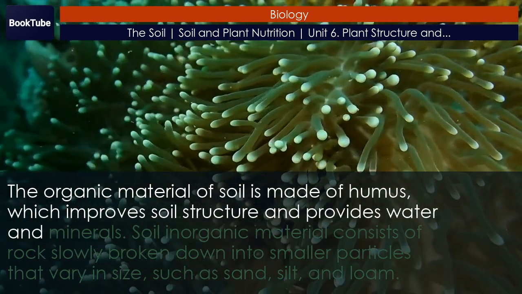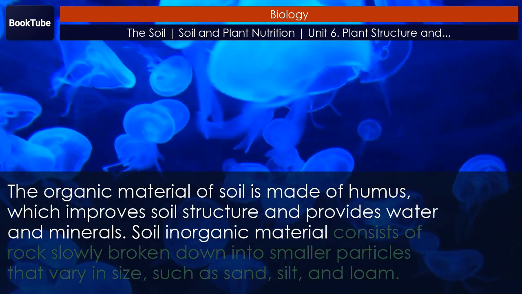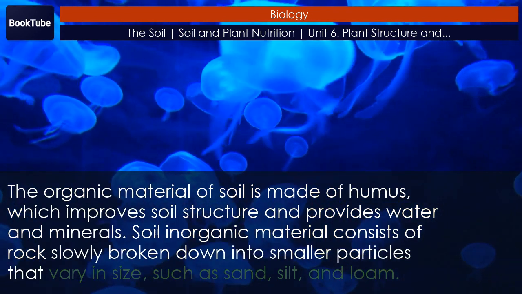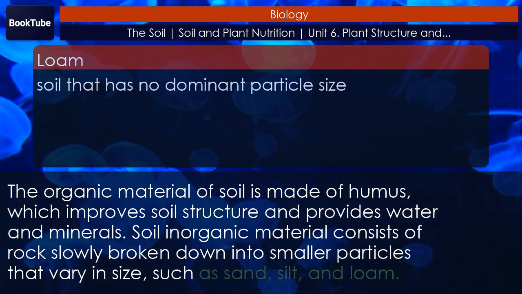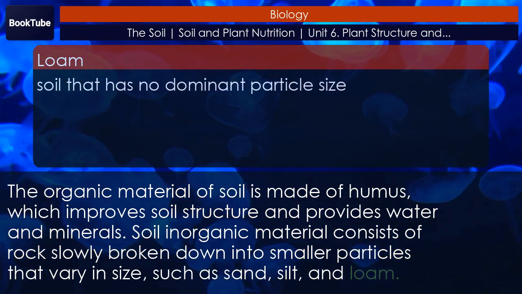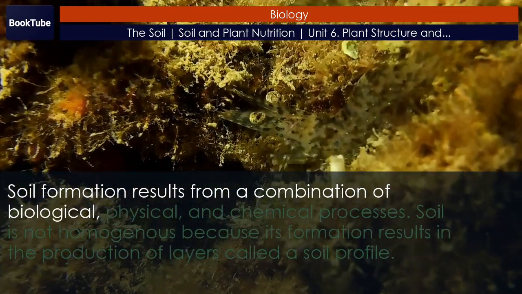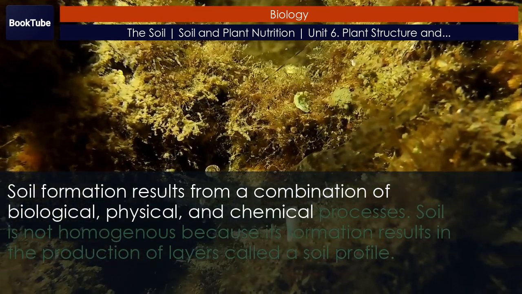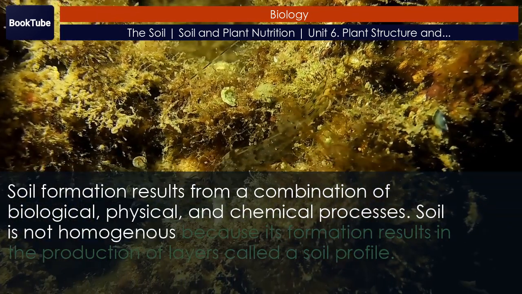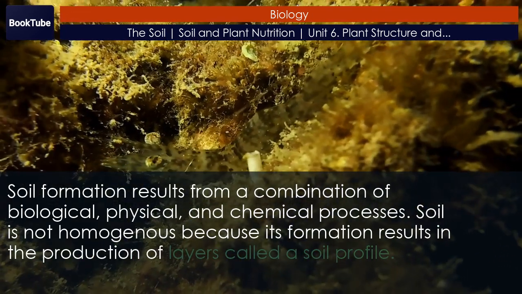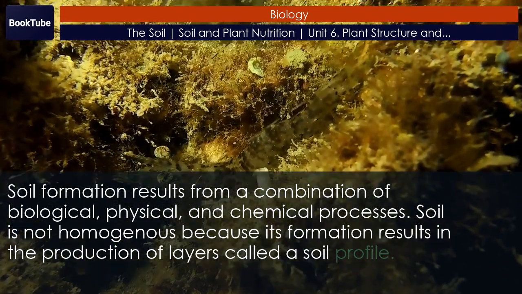The organic material of soil is made of humus, which improves soil structure and provides water and minerals. Soil inorganic material consists of rock slowly broken down into smaller particles that vary in size, such as sand, silt, and loam. Soil formation results from a combination of biological, physical, and chemical processes. Soil is not homogeneous because its formation results in the production of layers called a soil profile.